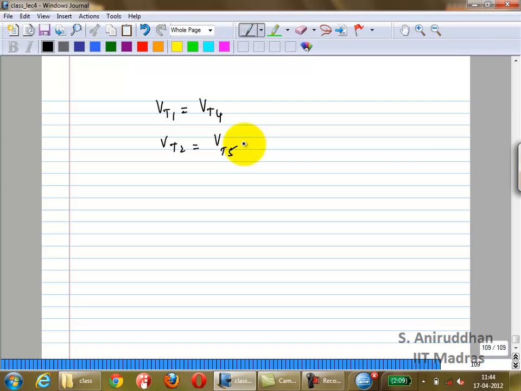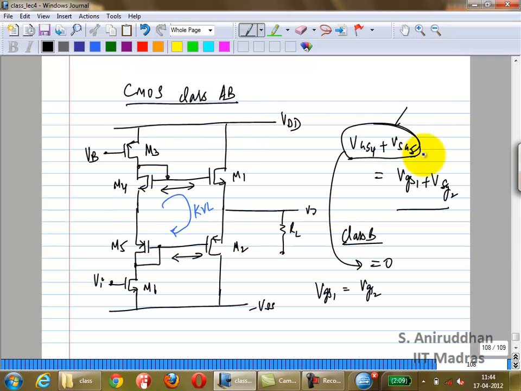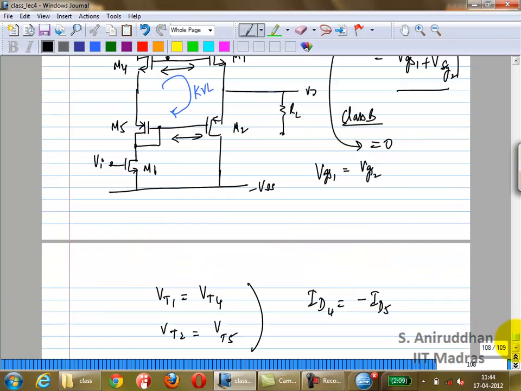So we'll assume this. Of course, we're also going to assume ID4 is minus ID5, so the two currents are equal in 4 and 5. Now we can rewrite the KVL, this equation here, in terms of the currents and the W over Ls and so on. We'll do that.